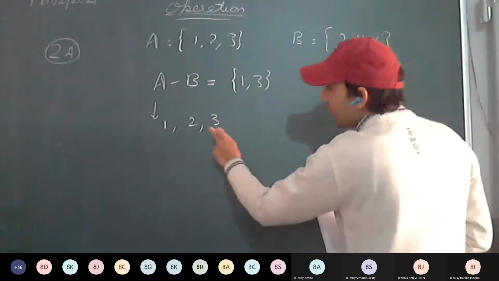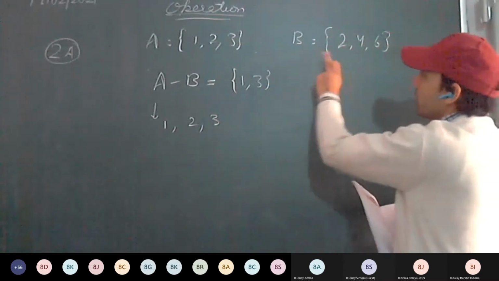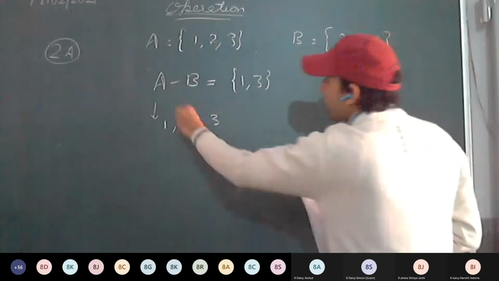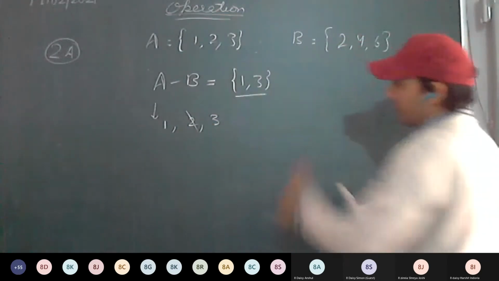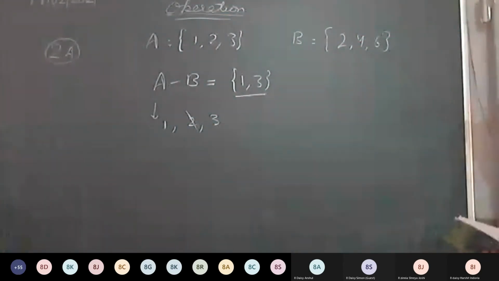Whichever element of A is present in B will cancel. 2 is present, so cancel it. 3 is not present. So A minus B is 1 and 3. Understood this one?